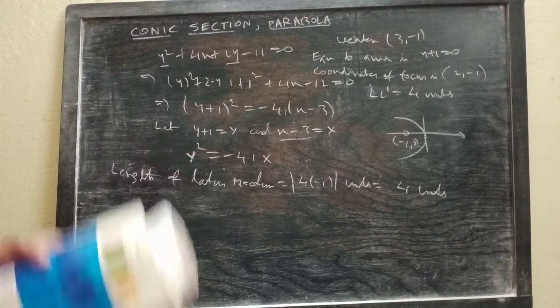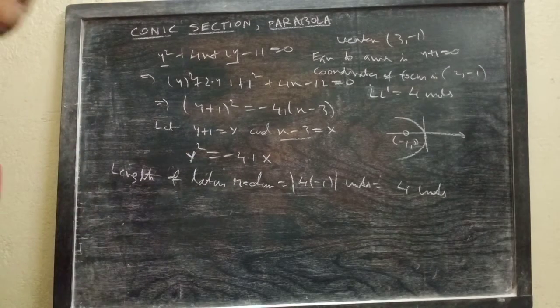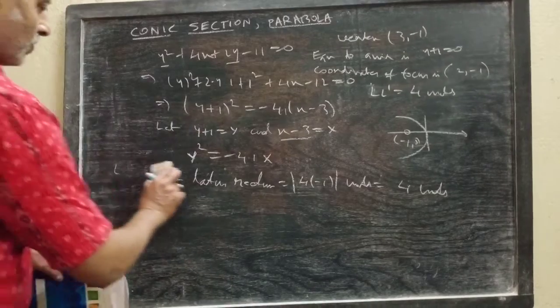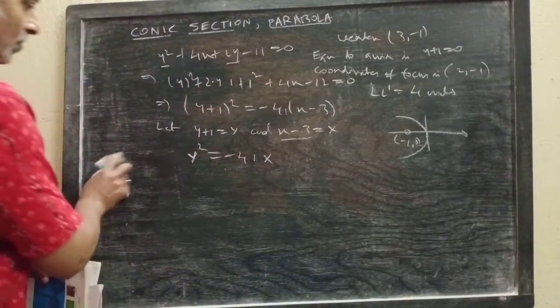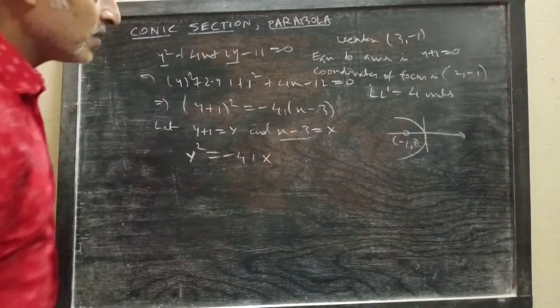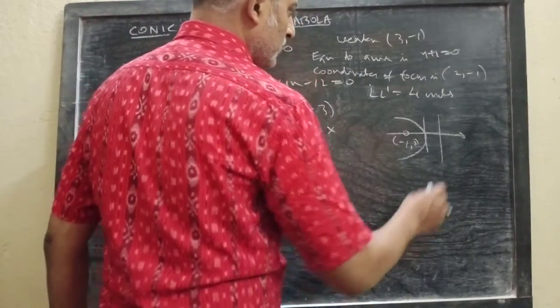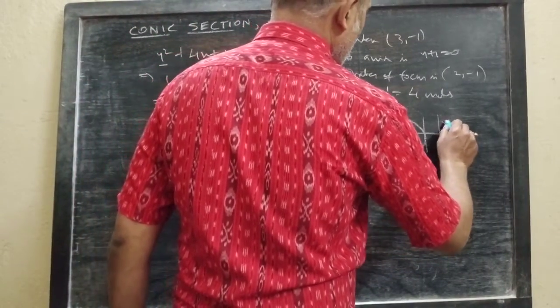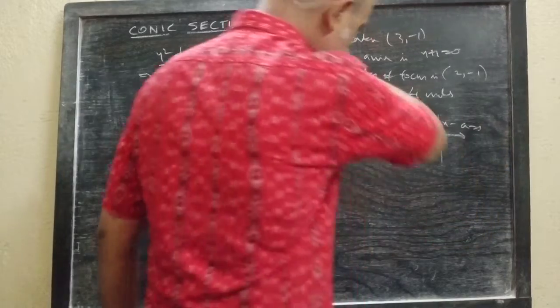Next, equation to directrix. Directrix will be x minus a equals 0.